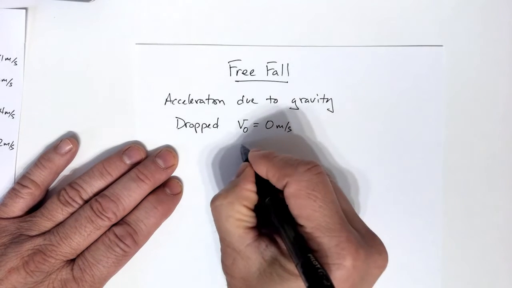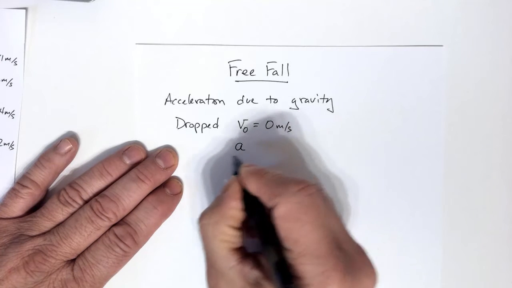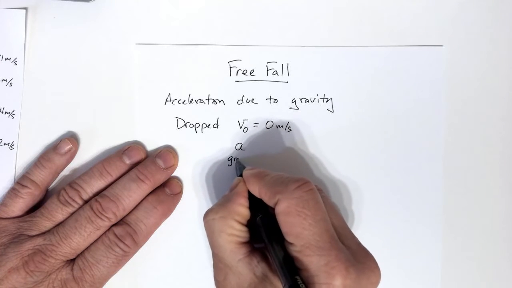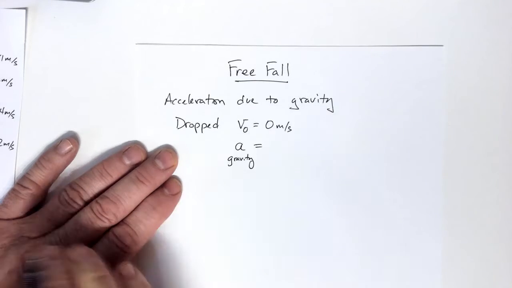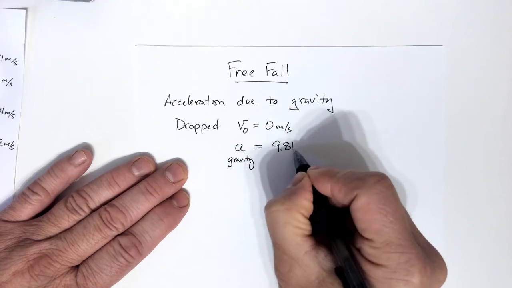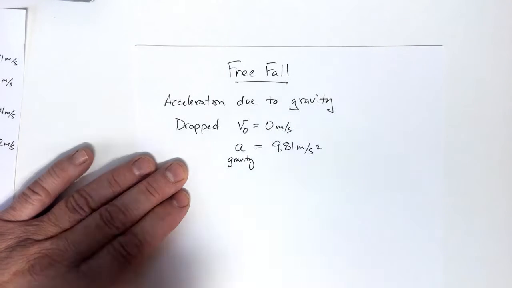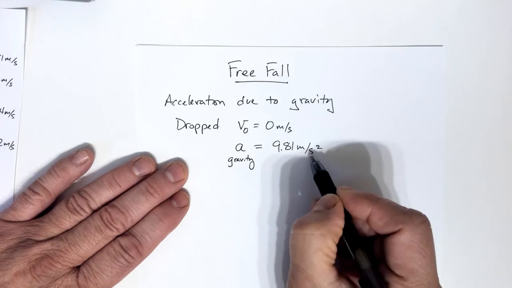We now have a value for acceleration. An acceleration that is due to gravity, when something is dropped, we can always plug in with this value. It'll be 9.81 meters per second squared. That is the accepted value for what an object will accelerate as it drops.